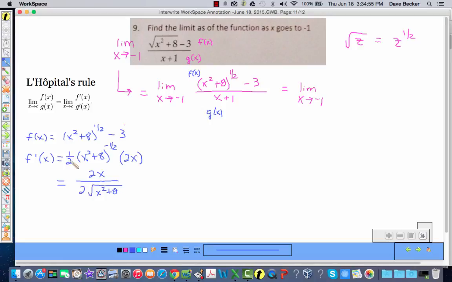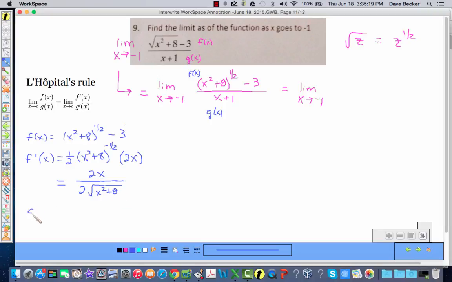This 2 comes from the 2 down in the denominator here. The square root goes down in the denominator because of the negative exponent, right? So I kind of skipped a step there. I could have written this as x squared plus 8 to the 1/2 power, but I knew I'm going to have to put it into the square root to evaluate it, so I just went ahead and rewrote it.